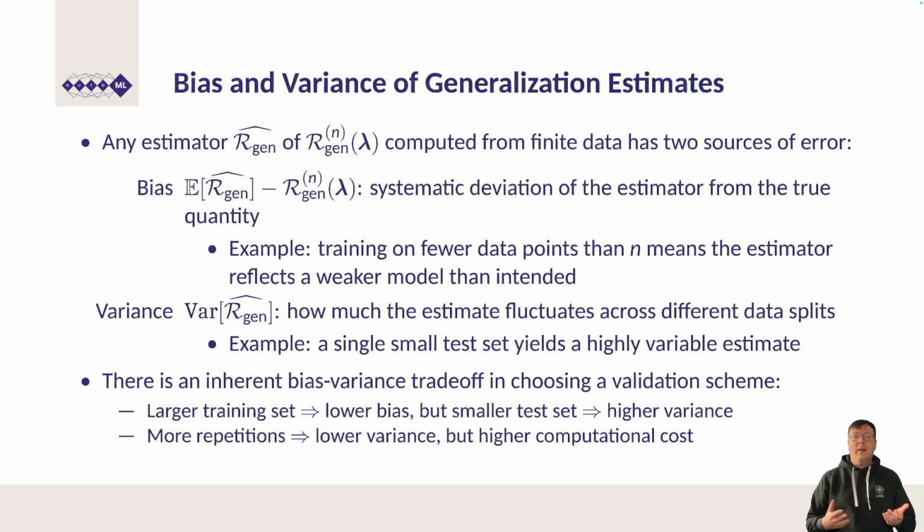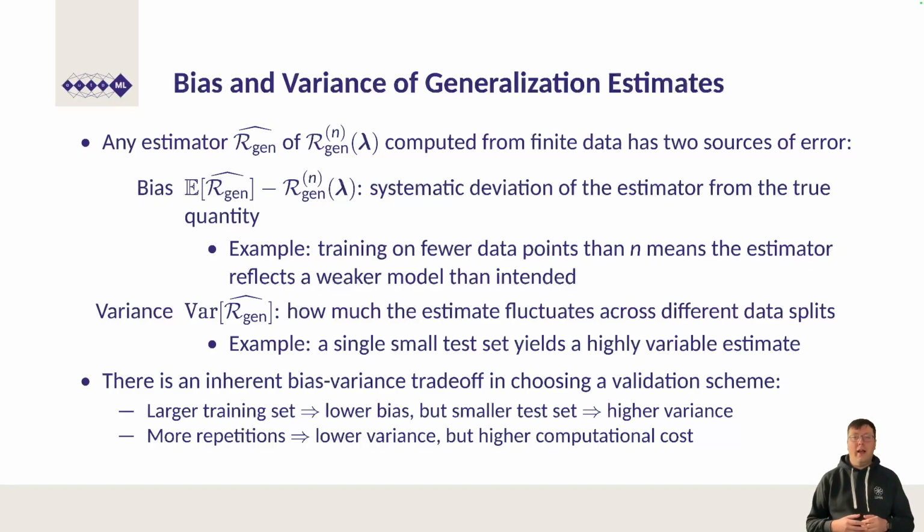Any estimator that we compute from finite data has two fundamental sources of error: bias and variance. Understanding these is essential for choosing the right validation scheme. Bias is the systematic deviation of our estimator from the true quantity. A biased estimator consistently over or underestimates the true generalization risk.